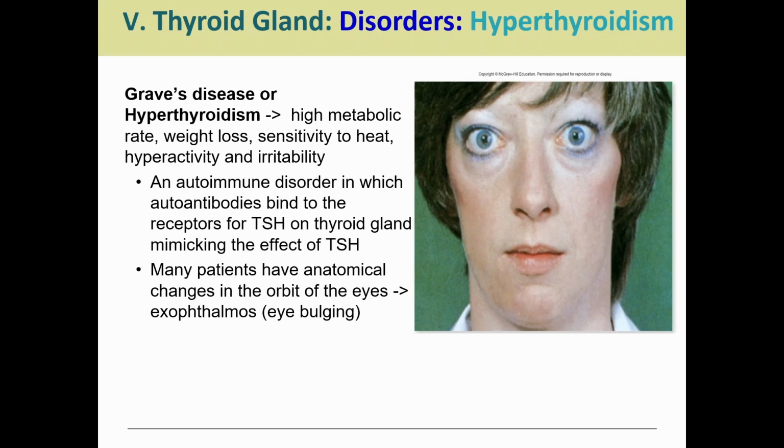And so someone with hyperthyroidism would be very sensitive to heat. They would experience weight loss that they were not trying for, which sounds good for anyone who's trying to lose weight, but this can be to the point where that person is not able to maintain a healthy weight, right? They're losing more weight than they should.